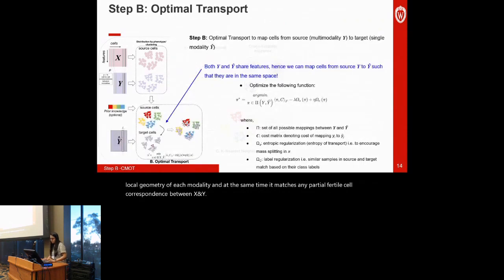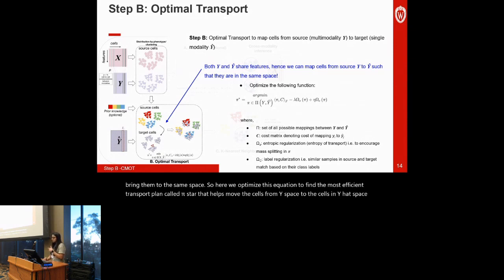In step B, we apply optimal transport to modalities Y and Y hat that have similar features, and we bring them to the same space. So here we optimize this equation to find the most efficient transport plan called pi star that helps move the cells from Y space to the cells in Y hat space.